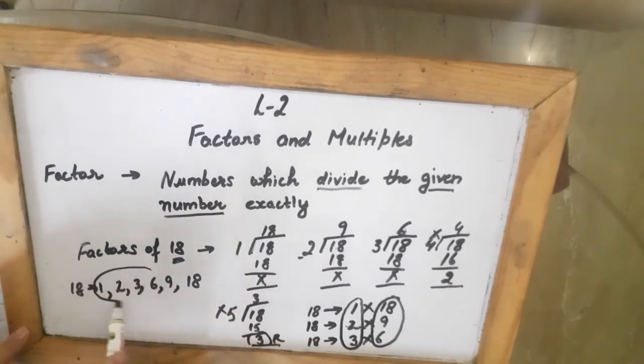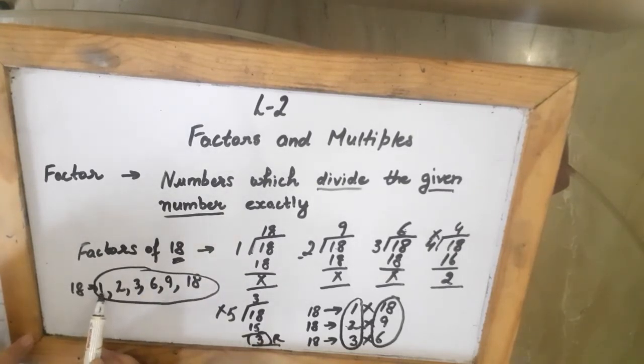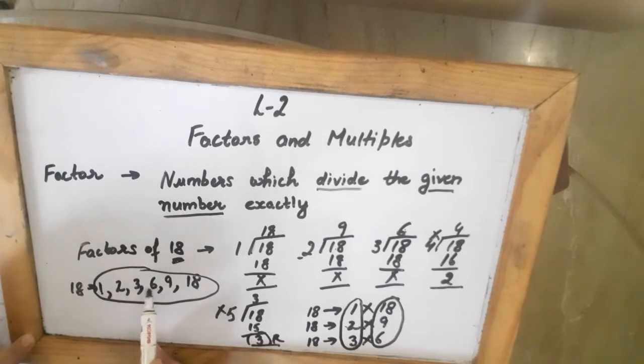So all these are factors of 18, and from this you can understand that 1 is the smallest factor of any number, and the number itself is the largest factor of any number, and all the other factors lie between 1 and 18. Means the number itself is the largest factor of any number, and all the other factors lie between the smallest and the largest factor.